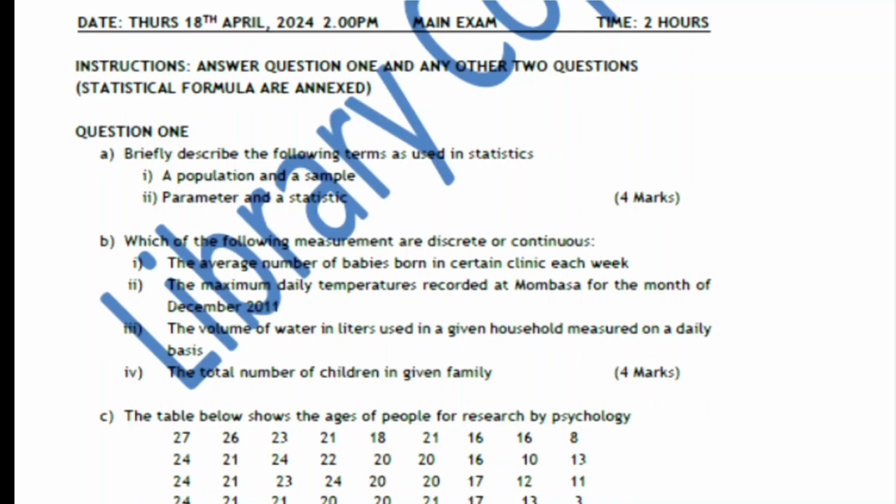Bado uko njiani? Oh, it's okay, it's no problem. Yes, I'm on the road, but can't we then miss the extended class for 1 hour and then tukutane 4? Will that be convenient for you? Hapana. No, it's okay. Let's continue. I'm okay. Nimekaa pahali penye we can talk. You are okay, yeah? Yes.